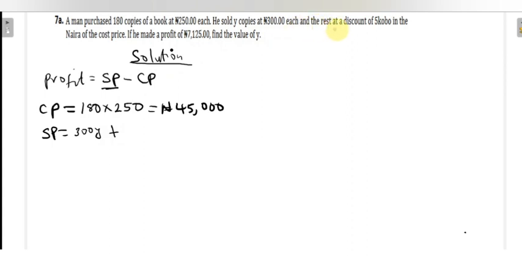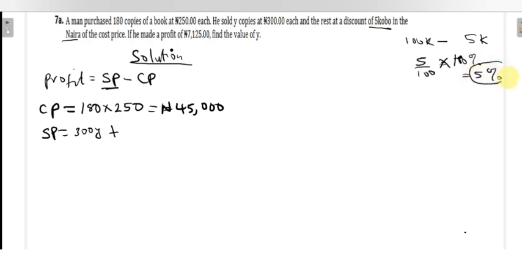He sold them at a discount of 5 kobo in the naira, meaning that for every 100 kobo, it gives a discount of 5 kobo. So we can calculate the discount as 5 over 100 times 100%, which is equal to 5% discount.